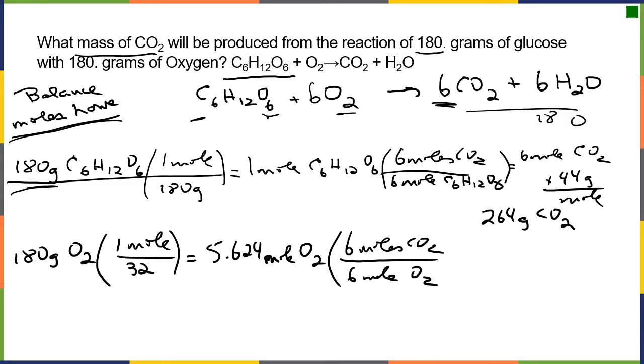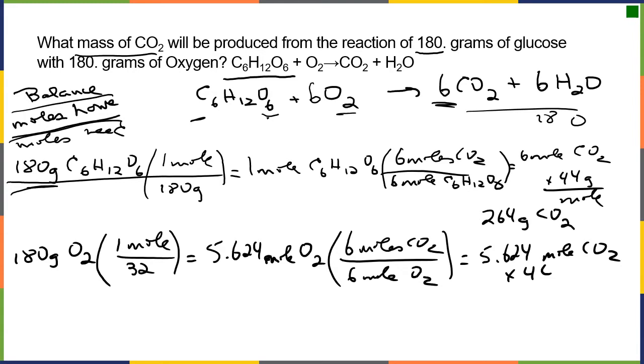And again, remember, balance, moles of what you have, moles of what you need, what it is you're solving for, and that's going to require your balancing right here. And that's going to give us 5.624 moles of CO2. And if we multiply that by 44, we're going to get a total here of 248 grams of CO2.